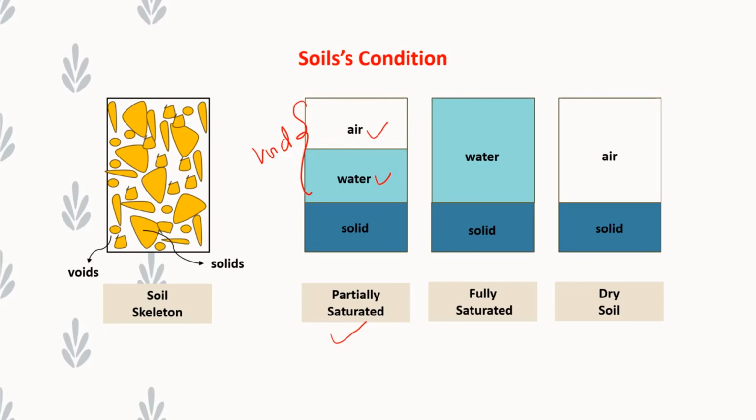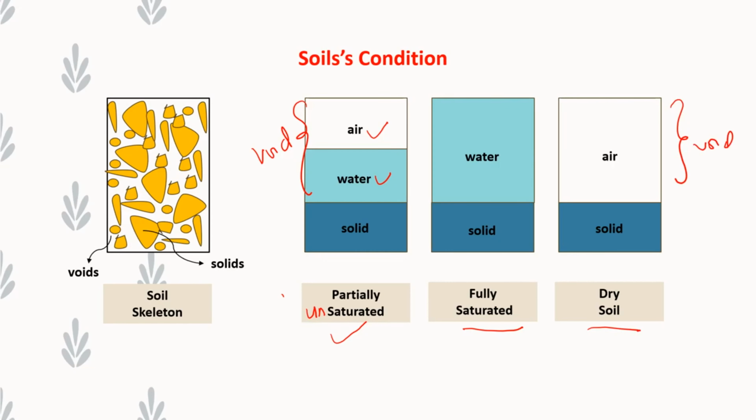So that's the reason why we call the phase diagram as three-phase diagram, which means that we are referring to conditions of soil in partially saturated, or also known as unsaturated. Meanwhile, for fully saturated and also dry, the void components will be either water or air. So this is your void components.